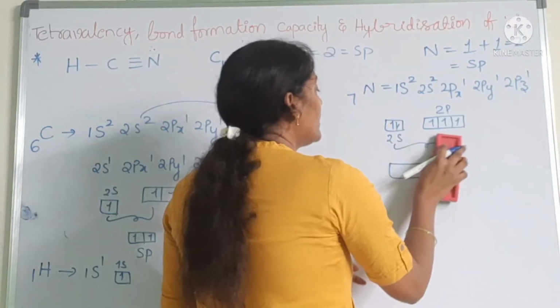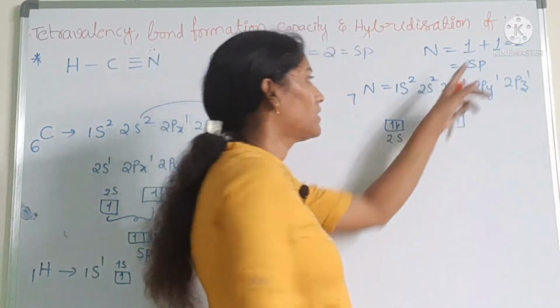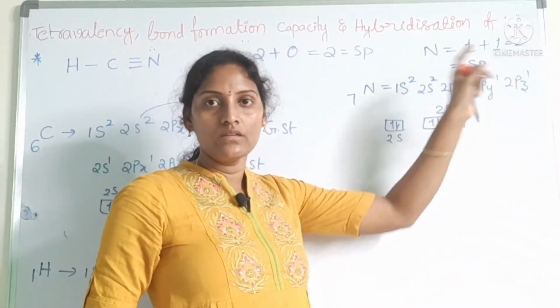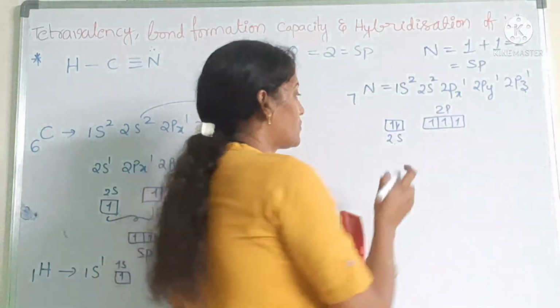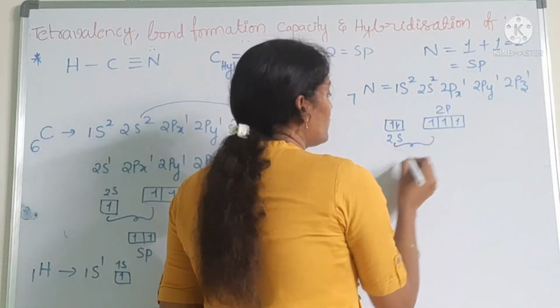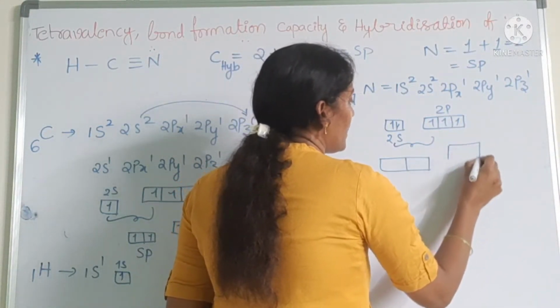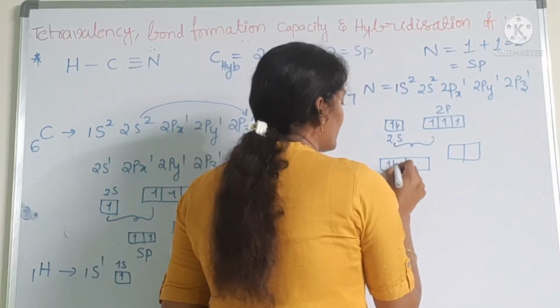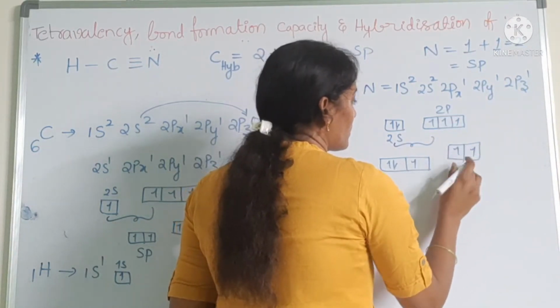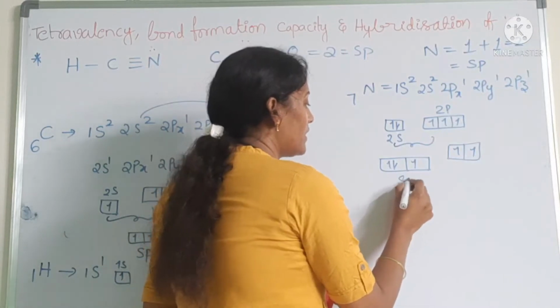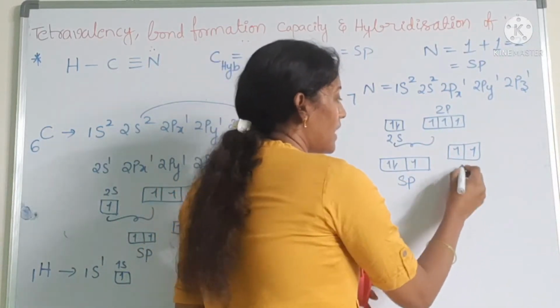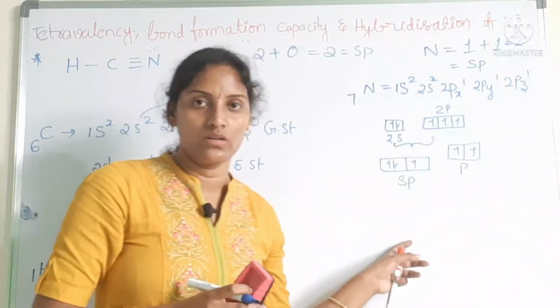I mean, here all are not involved. Nitrogen is also involved in sp hybridization. So, one s and one p. The remaining are unhybridized orbitals. See, these are the sp, and these are the unhybridized p orbitals.